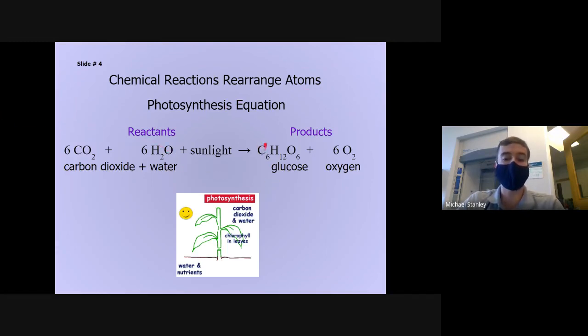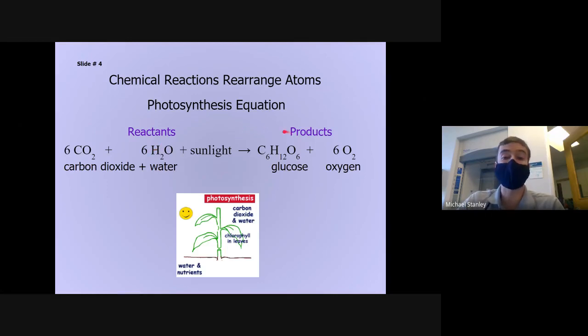All right, so there's some C's right here. There's some H's right here, and some O's right here and right here. So on the reactant side, we have C's, O's, and H's.